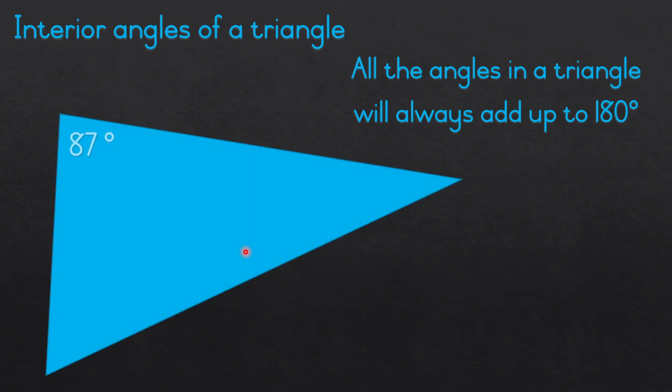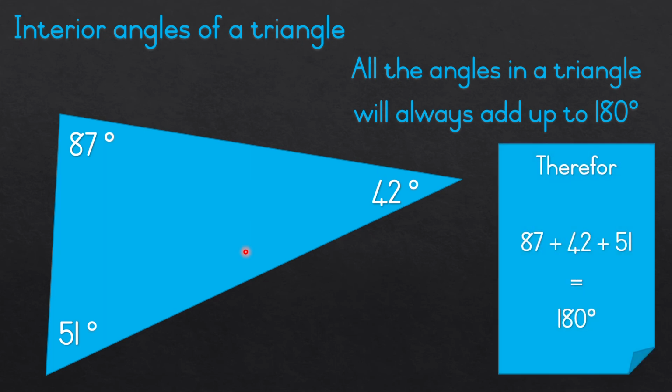Let's name the angles 87 degrees, 42 degrees, and 51 degrees. Sometimes they give you only two of them, and you have to determine the third. Either way around, angle 1, angle 2 and angle 3 added up all together give 180 degrees. A very important property, one that you will definitely see in the future.